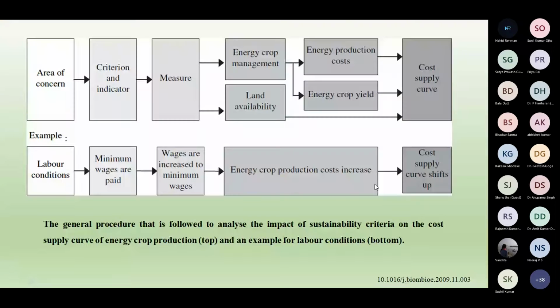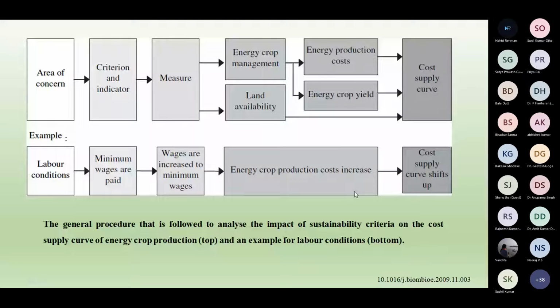And this is the general procedure that is followed to analyze the impact of sustainability criteria on the cost supply curve of energy crop production, with an example of the labor conditions. So this scheme they followed, as you can see.